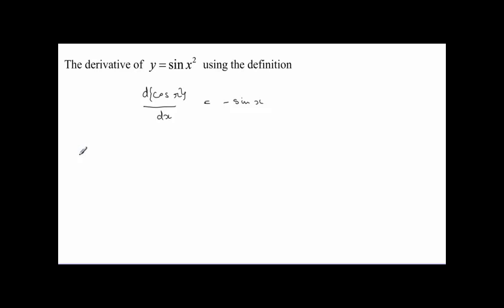What's going to happen now is we're calculating dy/dx by the definition. We know that this is the limit as delta x goes to 0 of sine of (x plus delta x) all squared, minus sine of x squared, all over delta x.